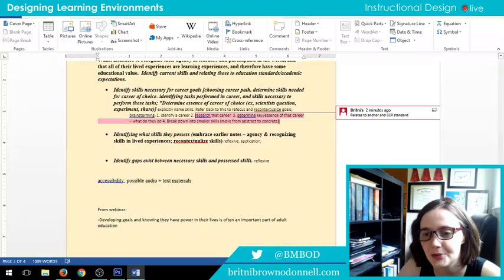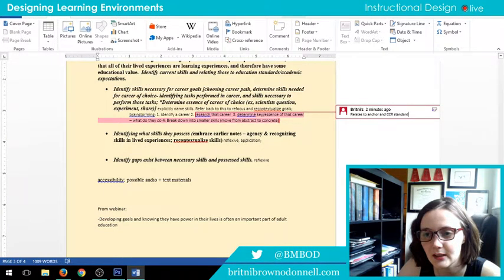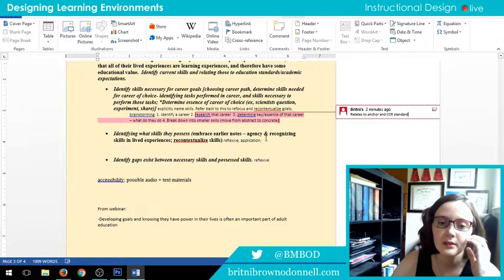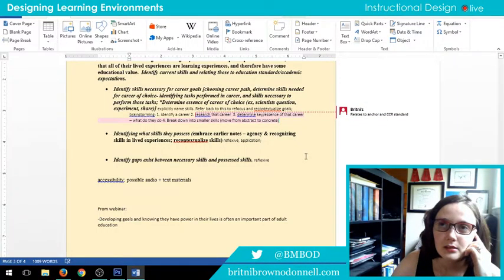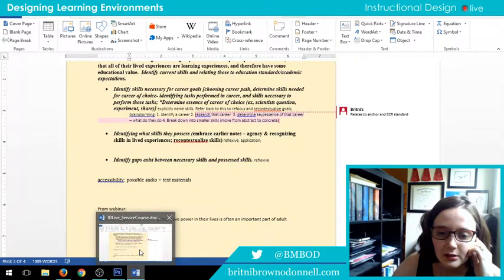And while I think the most important part of the activity or group of activities would really be this identifying what skills they possess and relating it back, this first step is actually more related to the criteria of the project. If we're going for our career and college readiness goal.